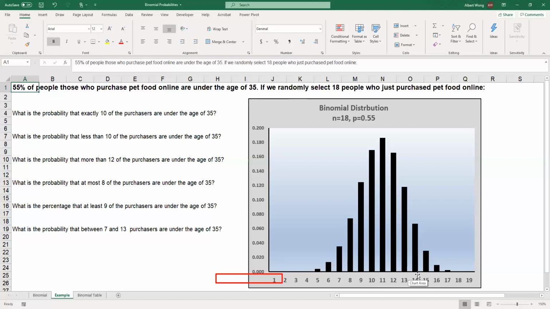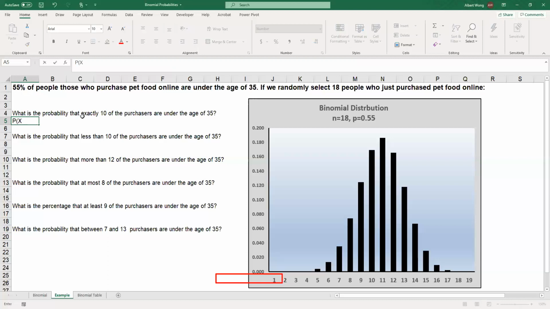Distribution scale towards a larger number just a little bit. Okay, so how do we calculate the first one? What's the probability that exactly 10 of the purchasers are under the age of 35? Well, we just want to calculate the probability of x equal to 10.